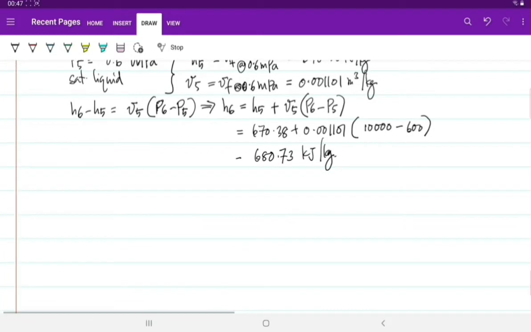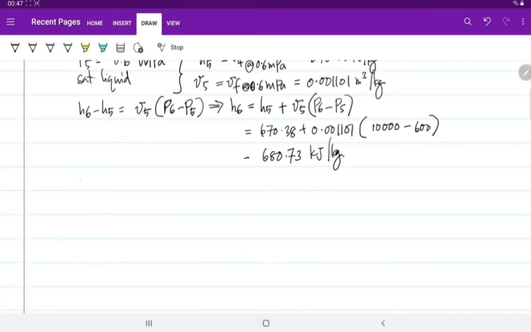Okay, and then you can find point number 7. Number 7 is after the boiler, so you have P7 equals 10 megapascal, and then you have temperature at 7 equals 600 degrees Celsius.